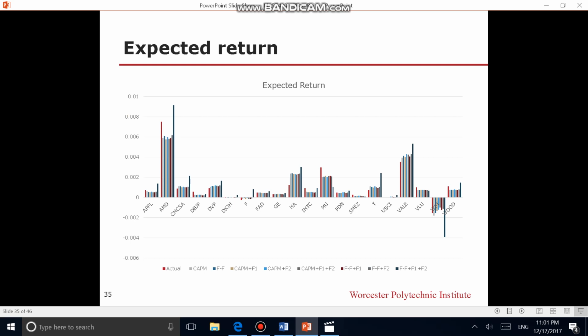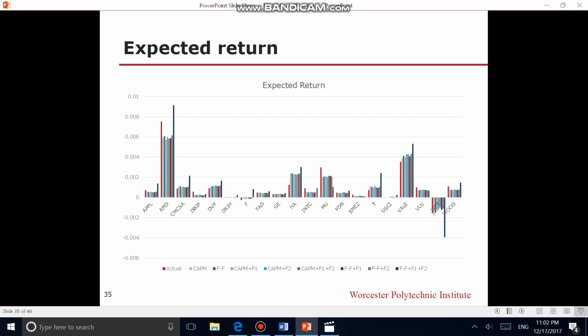Here is the expected return for the different models. From the graph, we can see that those models give us similar expected returns for each asset. Almost all of these assets keep positive returns for the 4 models, but WFT has a negative expected return because the price of WFT decreases a lot during that period.